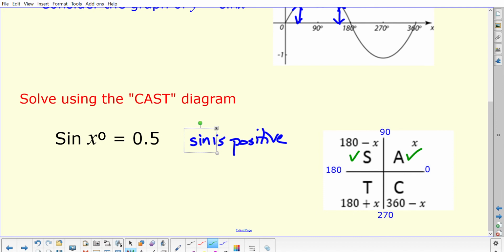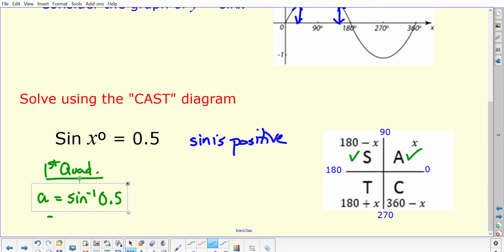I'm going to be able to get the first one from the calculator. So doing this gives me my angle A that I would be talking about. I'm going to go sine to the minus 1 of 0.5, and if you do that on the calculator it gives you the angle of 30.